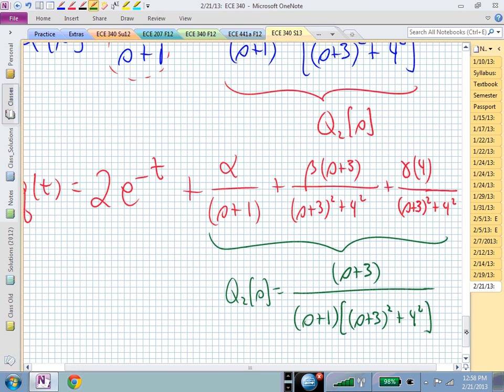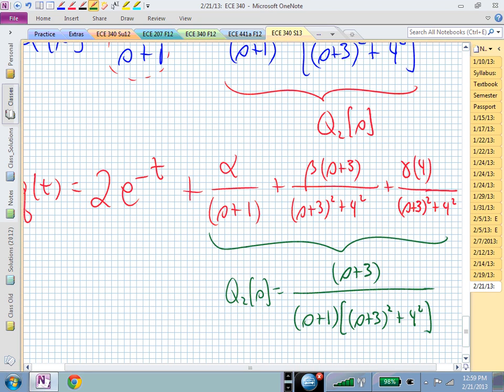Is it clear what I'm going to do? I'm going to, for now, neglect this 2e to the minus t and simply say this partial fraction expansion is equal to capital Q sub 2 of S. This will now be my left-hand side, and my right-hand side will be the alpha, the beta, and the gamma term.